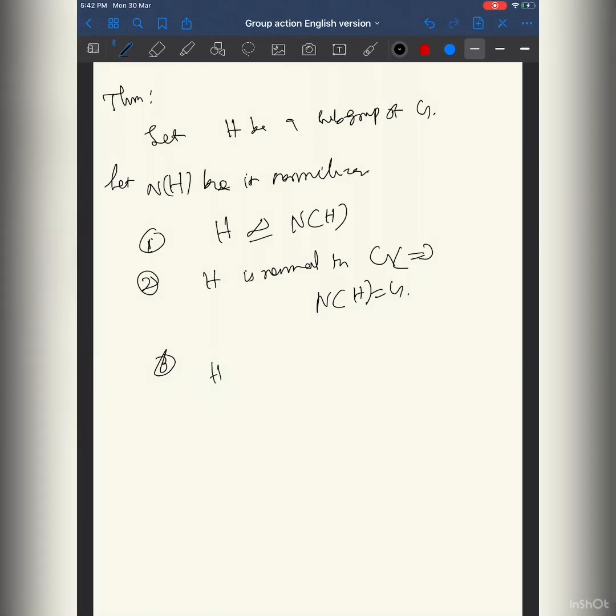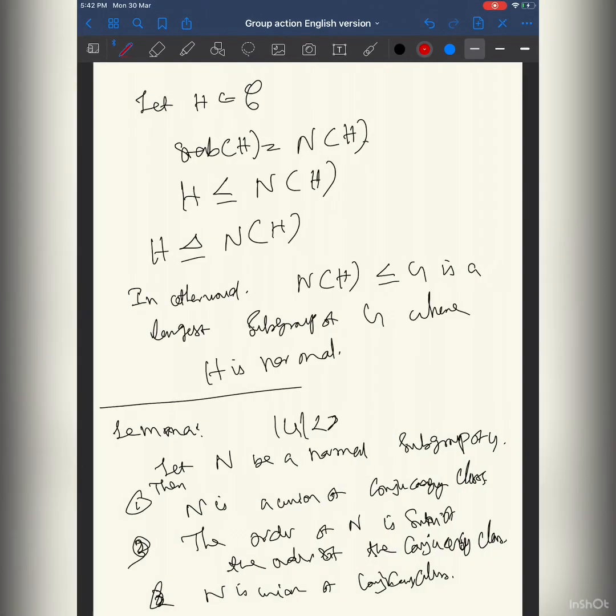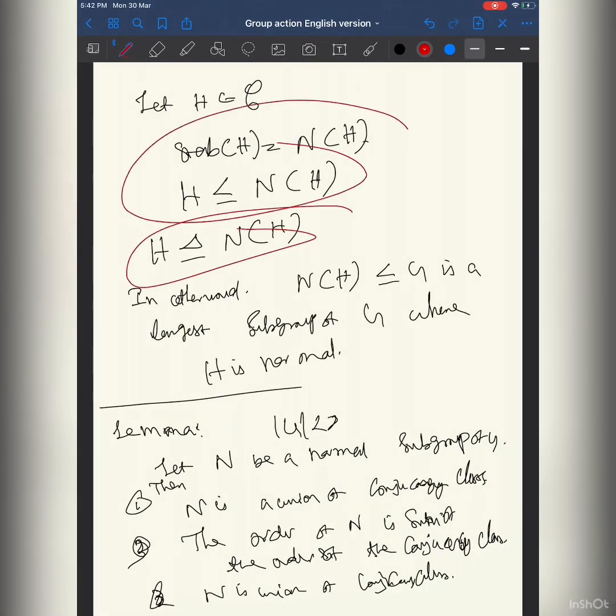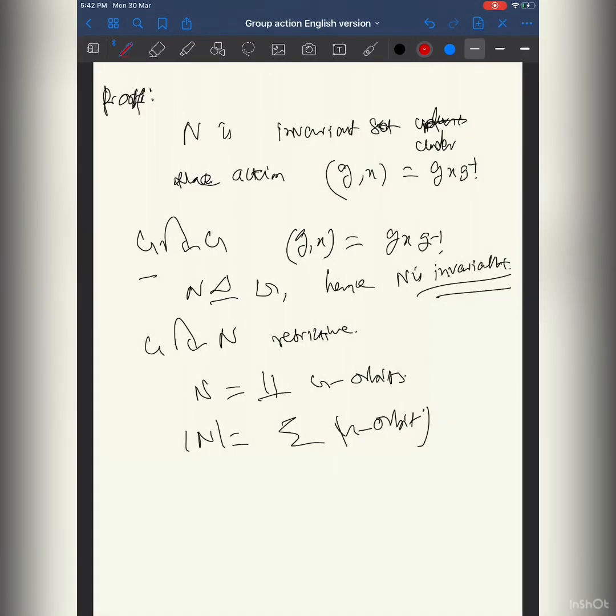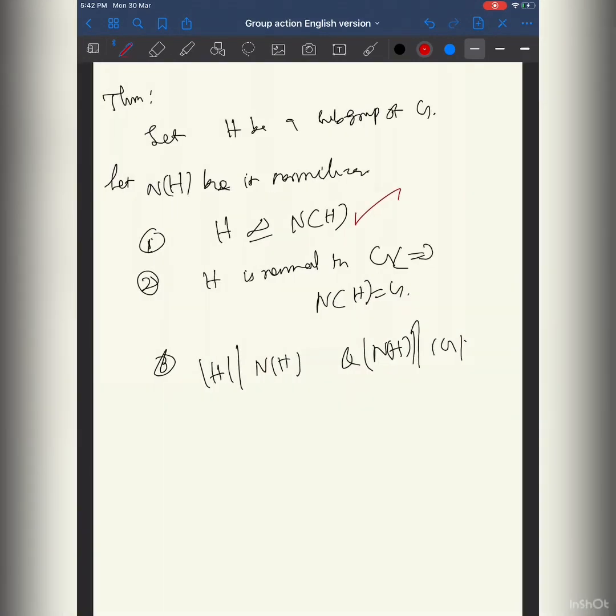This is also what I said already. The second thing is that N(H) is the largest subgroup where H is normal.